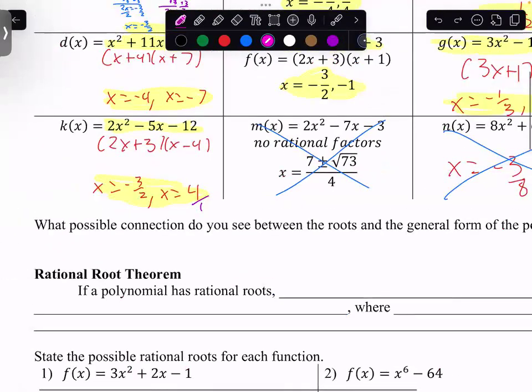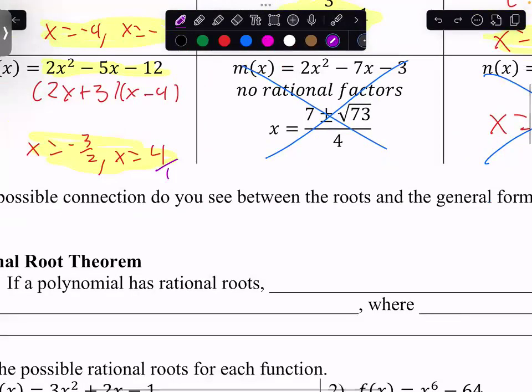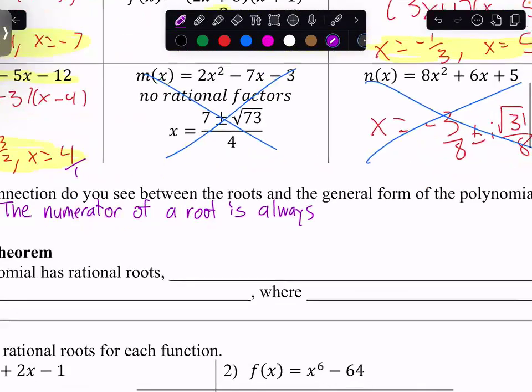Okay, so let's go ahead and put into words what we just went over. The numerator of a root is always a factor of the constant.